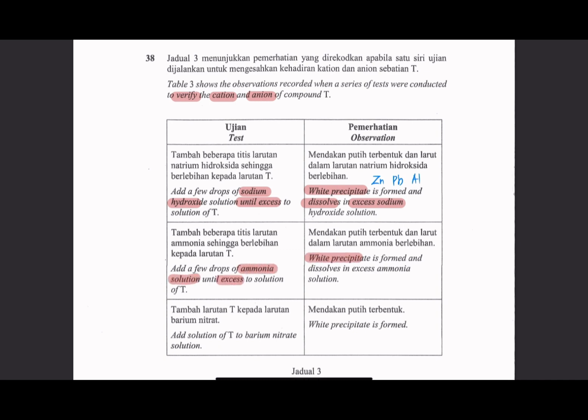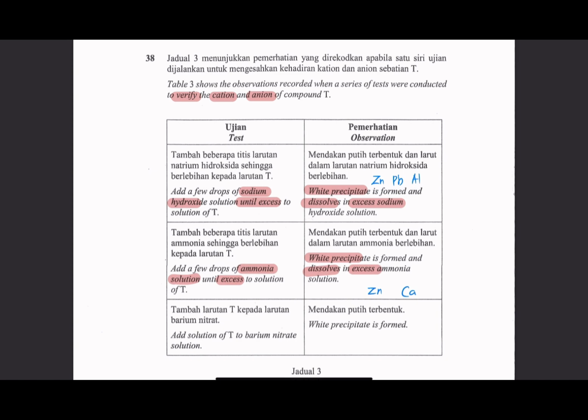The white precipitate also dissolves in the excess ammonia solution. Okay, when the white precipitate dissolves in excess ammonia solution, the possible cations are zinc and calcium.